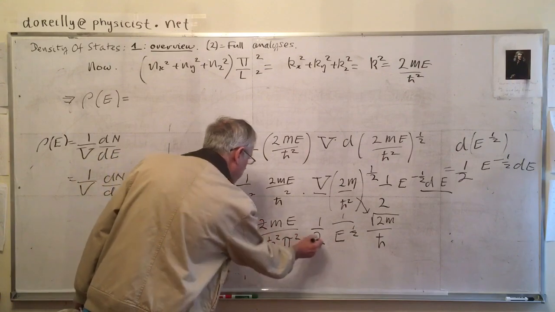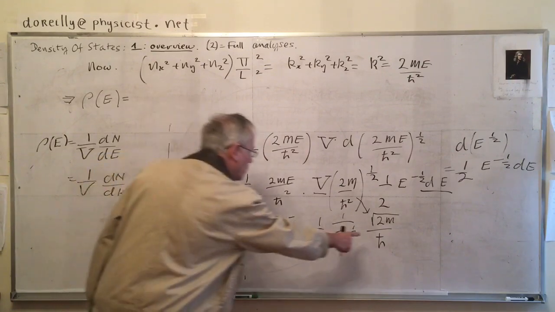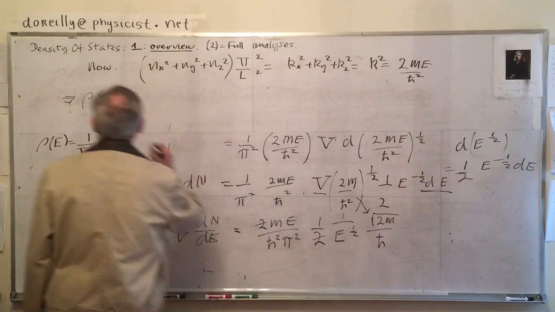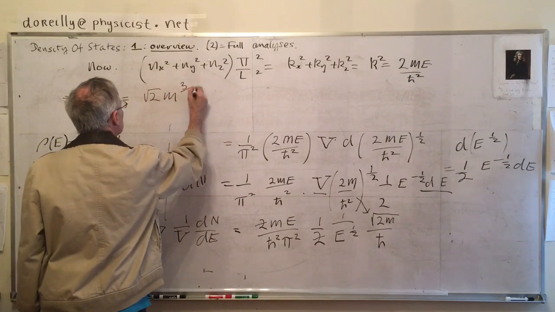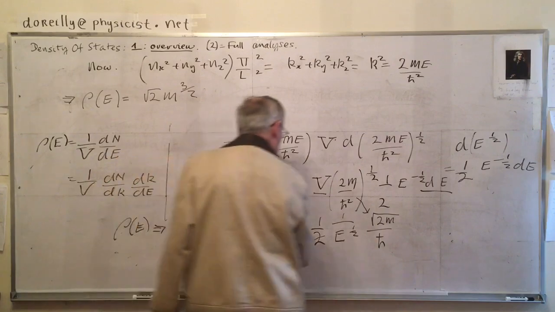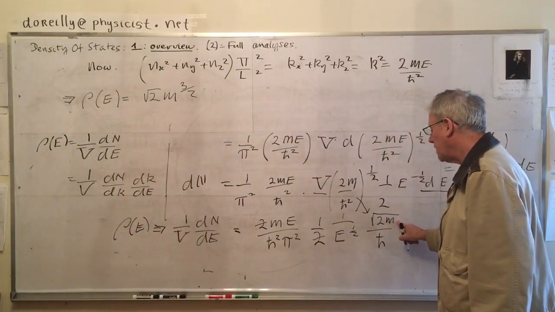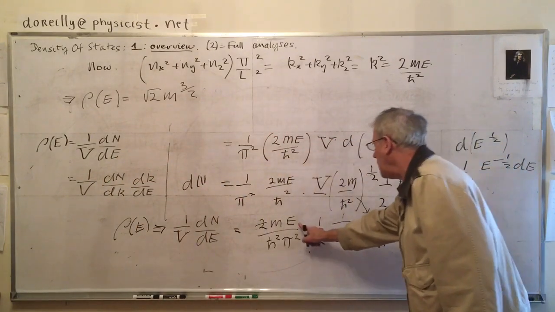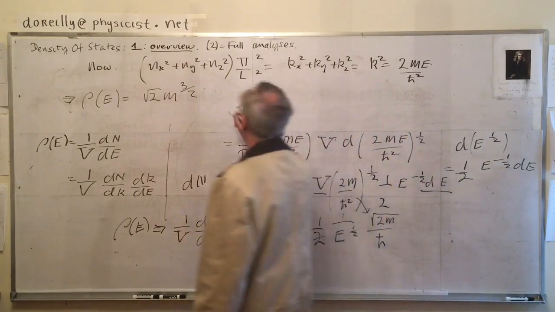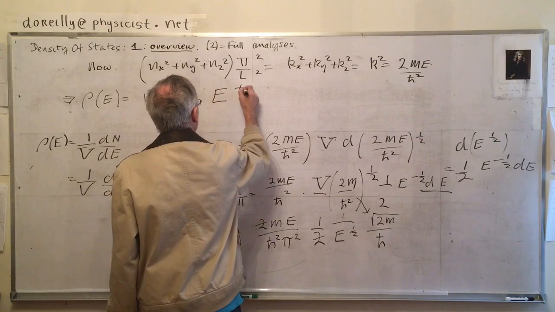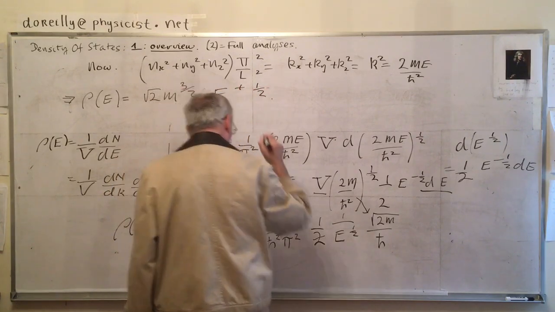The 2's cancel, and I get root 2m to the power of 3 over 2. m to the power of 1 times m to the power of a half is m to the power of 3 over 2. And E to the power of a half into E to the power of 1 gives me E to the power of plus a half. What else have I got?